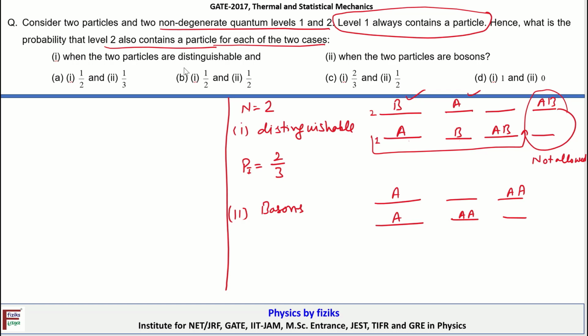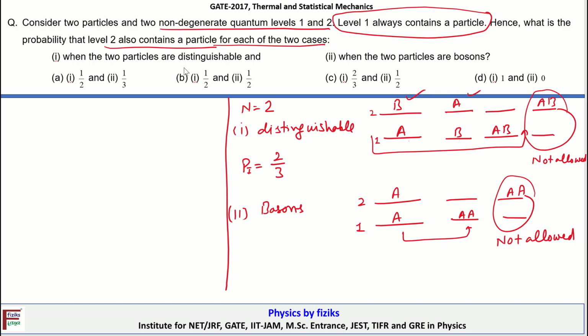Now this option is not allowed again because of the condition given to us, because there is no particle here in energy state 1. We have both particles in energy state 2, but the first condition, that level 1 will always contain a particle, is satisfied in the other cases.